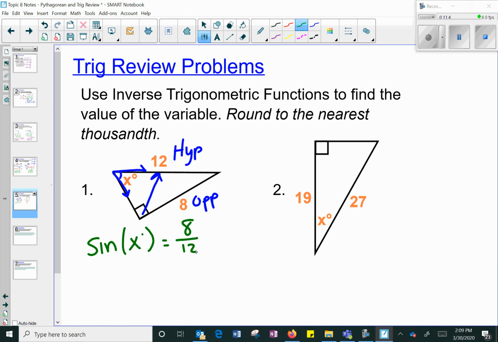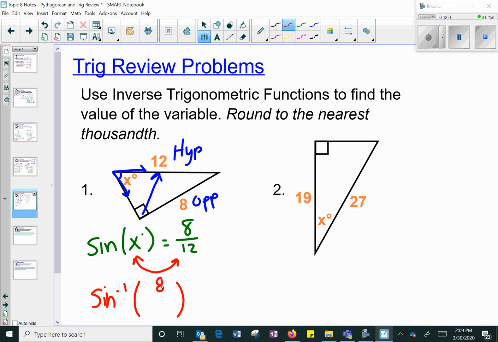Now this time, x is our variable that we're solving for, and x is what we're going to need to get out of this trig function. Whenever we have x in the parentheses, we're going to do a switcheroony, but when we pull something out of the function, we're going to end up using what's called the inverse function.